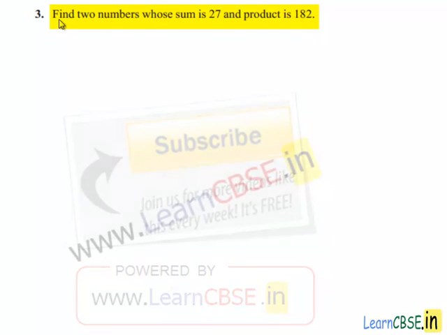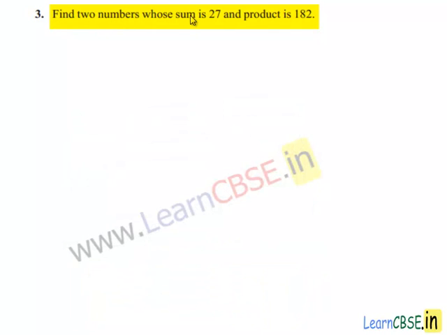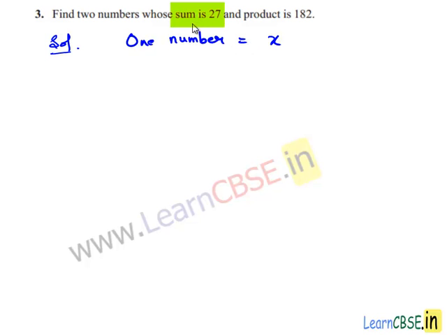Coming to the third problem, find two numbers whose sum is 27 and product is 182. Let us assume one number is equal to x. Since the sum of the two numbers is 27, the other number will be the total sum 27 minus one number, which is x.